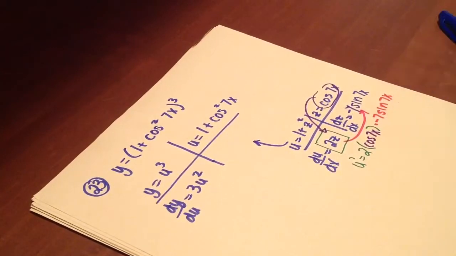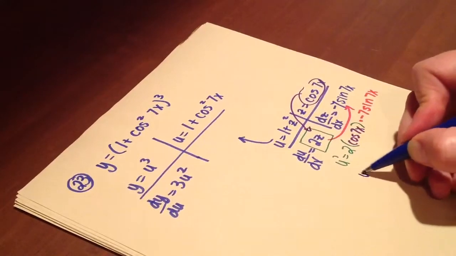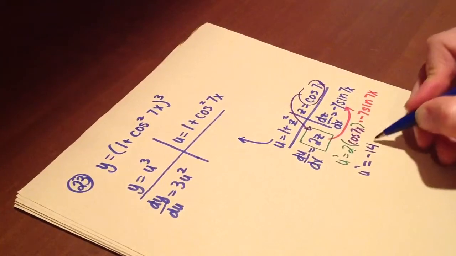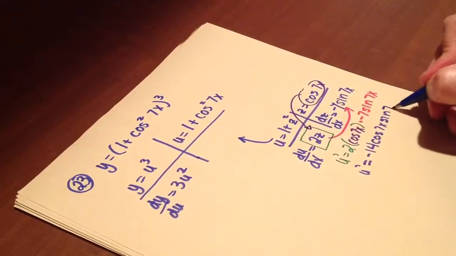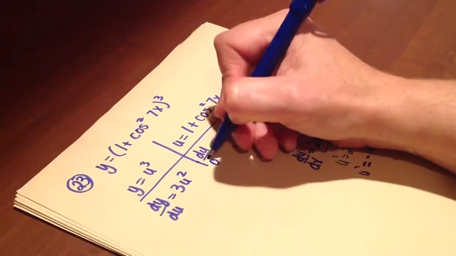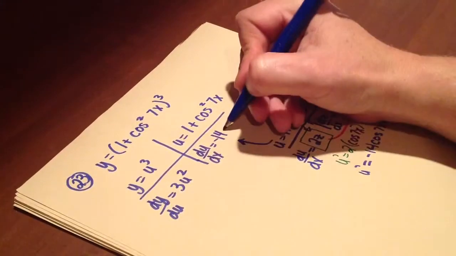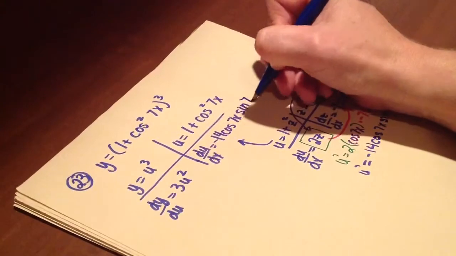Okay, so now when I go to clean this up, I'm going to get that u prime is equal to 2 times negative 7, which is negative 14 cosine 7x sine of 7x. Okay, so what I just found up here was du dx, and that is equal to negative 14 cosine of 7x times the sine of 7x.